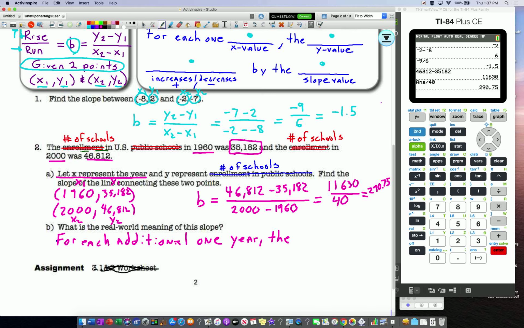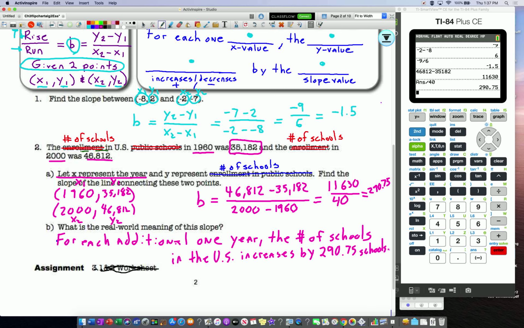The number of schools in the U.S., so we're talking about the United States. Since the slope was positive, I say increases by my slope value, 290.75 schools.